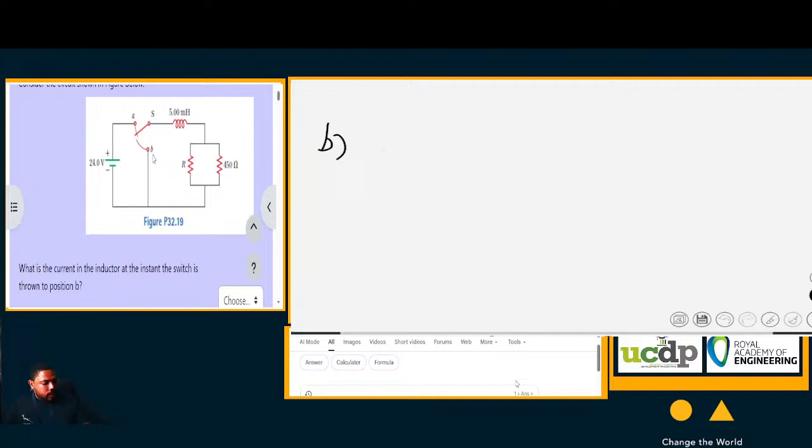Okay, now the instantaneous current is equal to the voltage drop over the equivalent resistance. You've already worked out the equivalent resistance, which I just worked out to be 300 ohm, if I'm not mistaken.